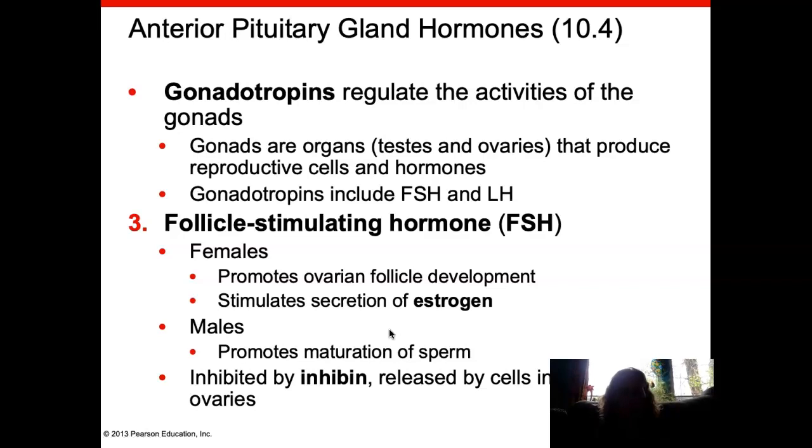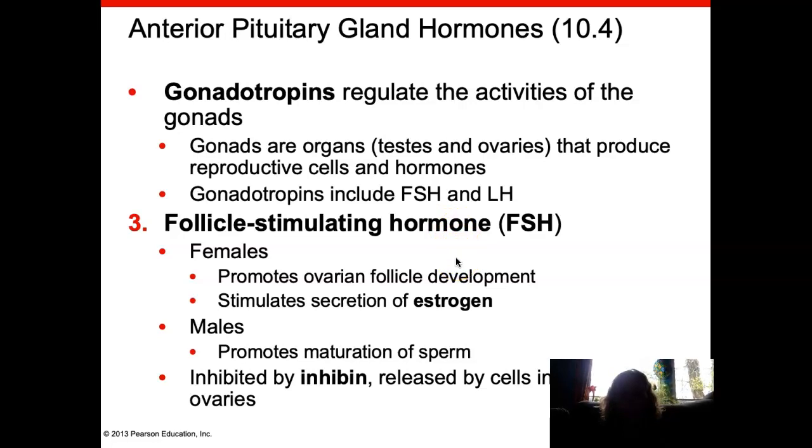Gonadotropins regulate the activities of the gonads, and gonads are the sex organs that produce sperm and eggs. And these 2 gonadotropins, because they stimulate the gonads, are FSH and LH. FSH is called follicle stimulating hormone because it was found to stimulate the follicles or egg development in the female. But keep in mind, this is a pituitary hormone, so men also produce FSH, but males will have a different target cell.